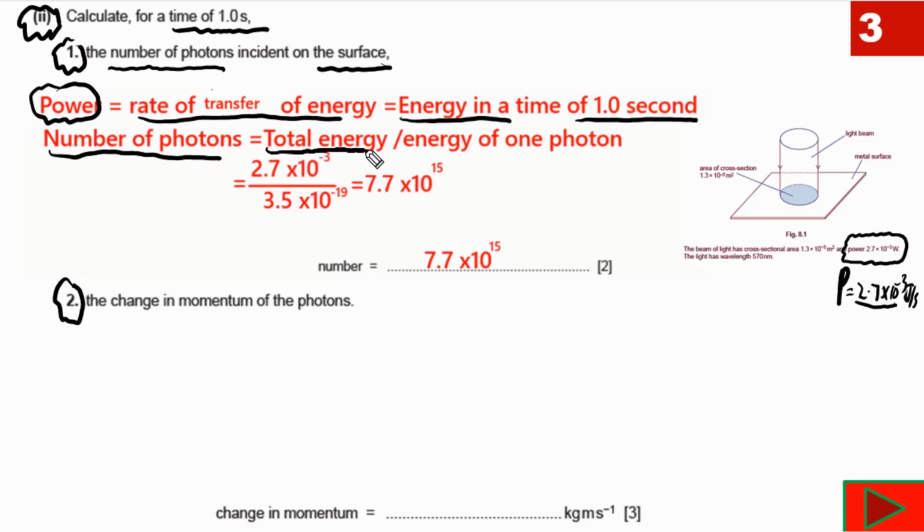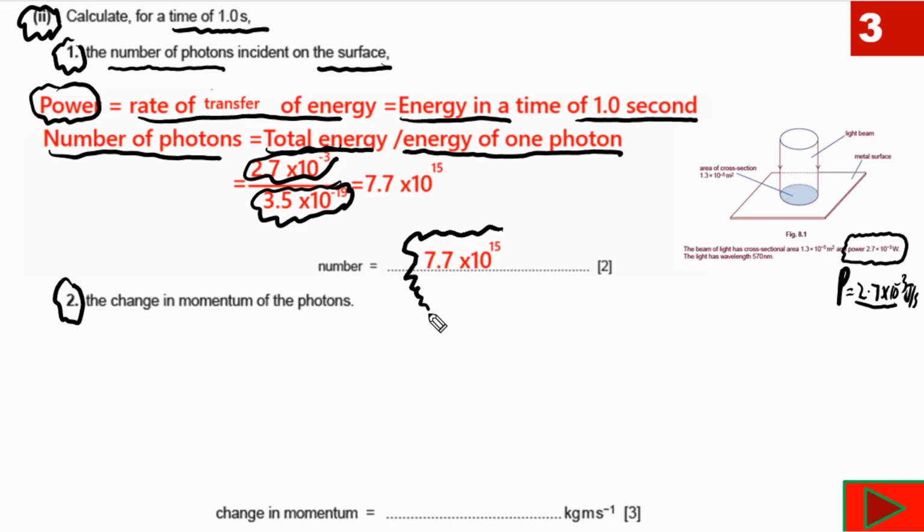Simply we need the total energy arriving at the surface in 1 second, meaning the total energy of the beam arriving at the surface in 1 second, and we simply need to divide by the energy of 1 photon. We have the total energy, and we also have the energy of a single photon. We simply divide and we can calculate the total number of photons. So here is the total number of photons.